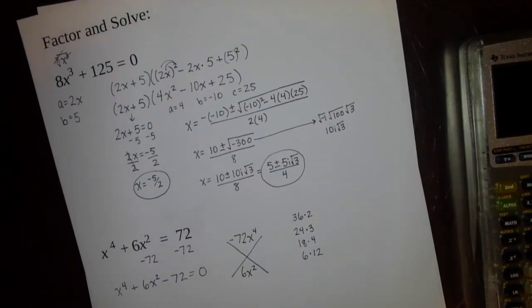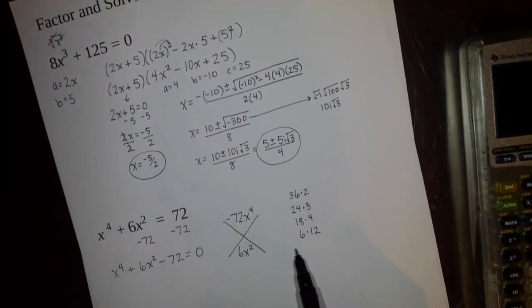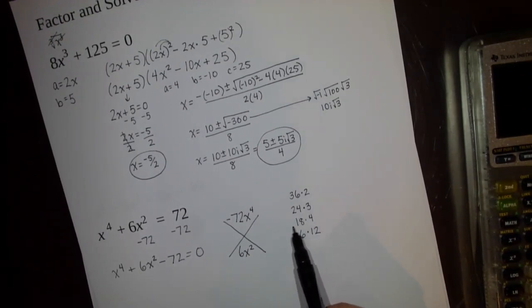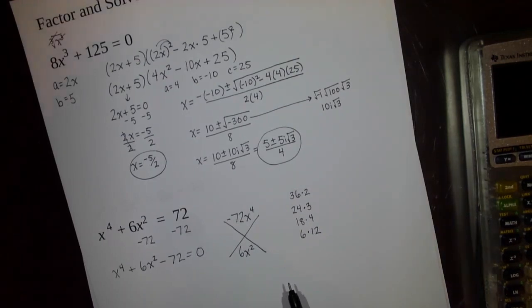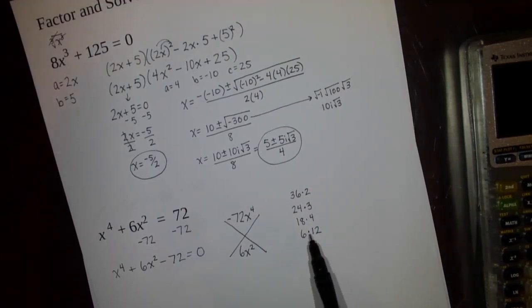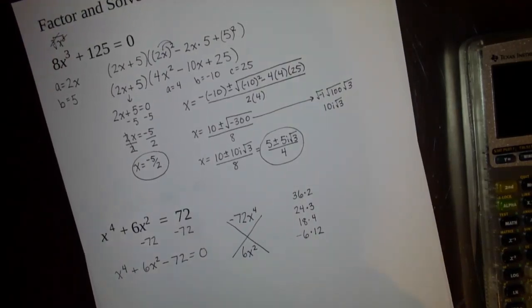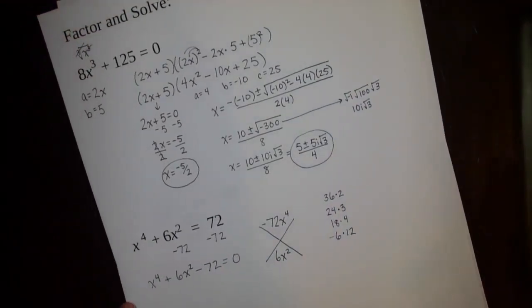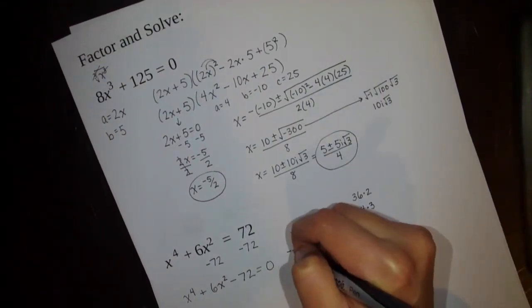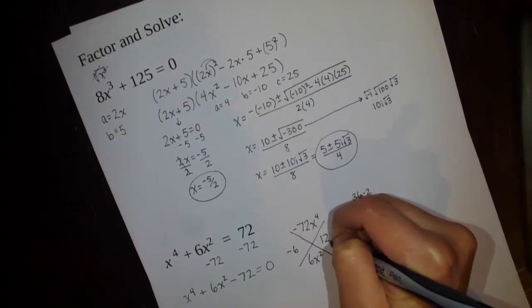Actually, I'm going to stop here because if I make one of these negative, right, negative 18 and 4, or 4 and negative 18, that would give me a positive 14 when I add. But 6 and 12, if I make 6 negative, 12 positive, that will add up to be 6. So this will be negative 6 and positive 12.